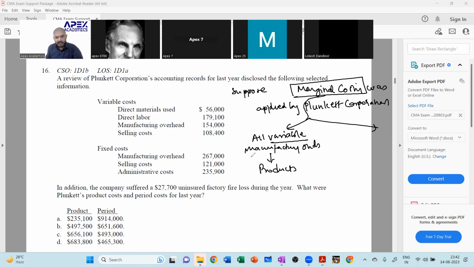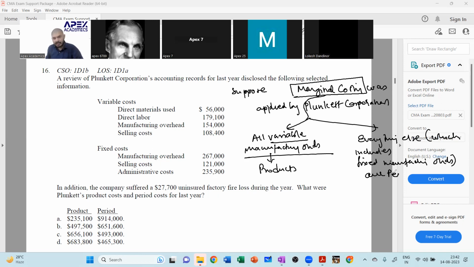Apart from all variable manufacturing overheads, everything else, which includes fixed manufacturing overheads as well, is period cost. So only variable manufacturing overheads are product costs, and everything else is a period cost.